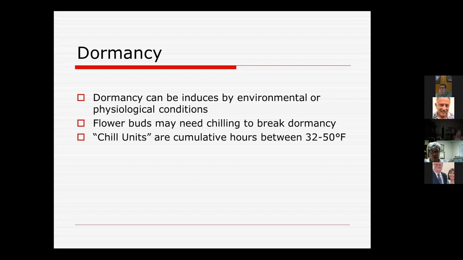And so those chill units, like I said the last time, you get partial chill units. The higher that temperature is, between like 40 and 50, you get partial chill units. When you're closer to 32, 35, you're getting pretty much an hour to an hour.